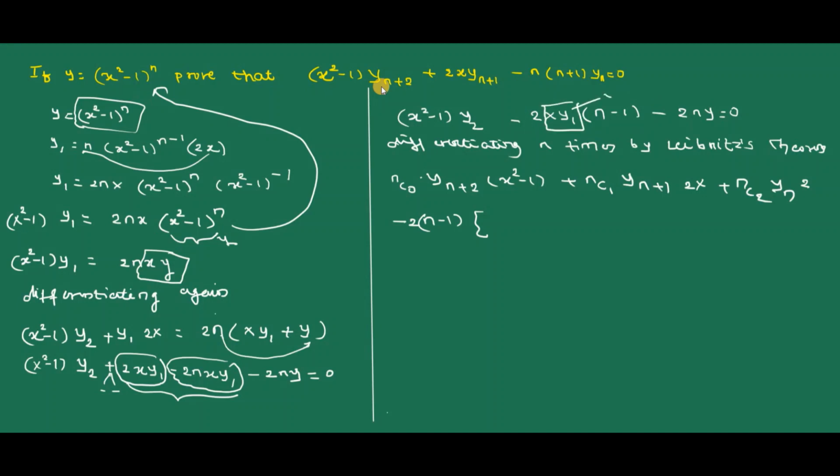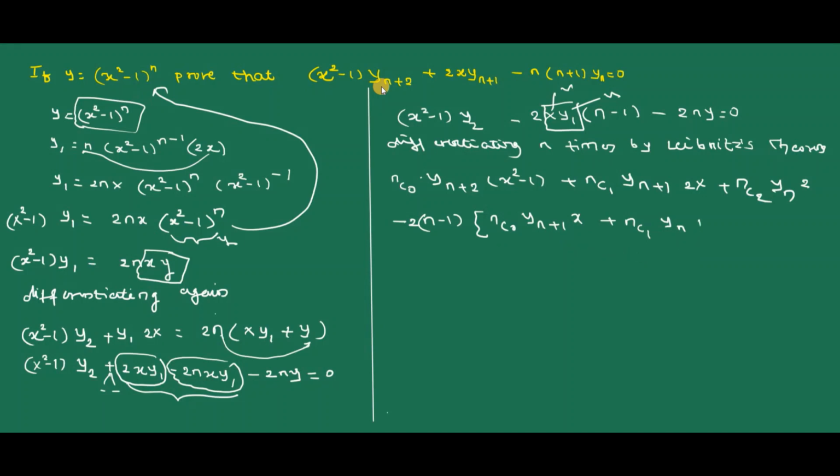In this case, y1 is the u value and x is the v value. So nC0, the nth derivative of y1 is y_{n+1}, x as it is, plus nC1. Here you can add minus 1, you will get yn. Differentiation of x is equal to 1.